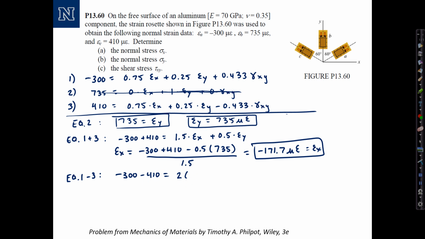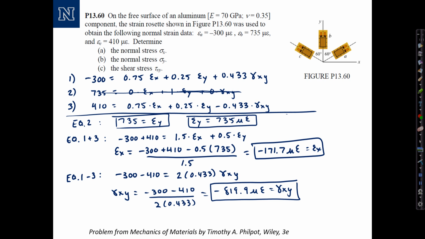I'll write that as 2 times 0.433 times gamma xy. Now I can solve for gamma xy directly, equal to negative 300 minus 410 divided by 2 times 0.433, and this is negative 819.9 microstrains.